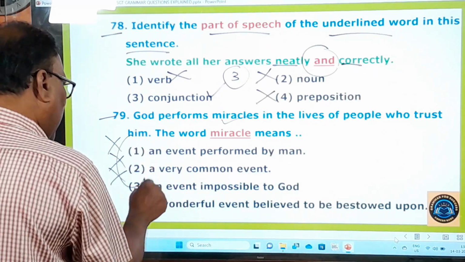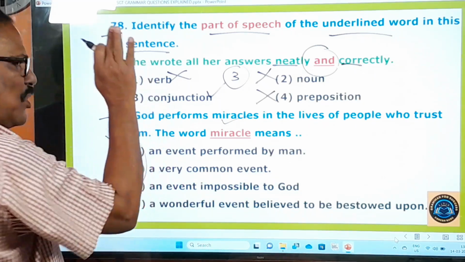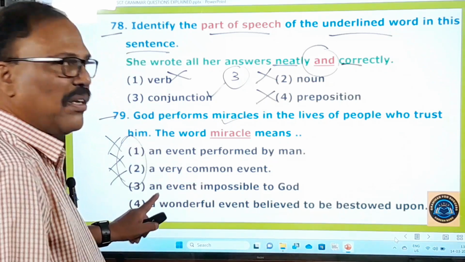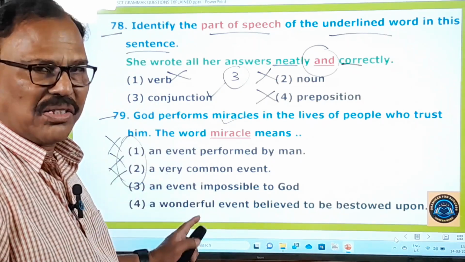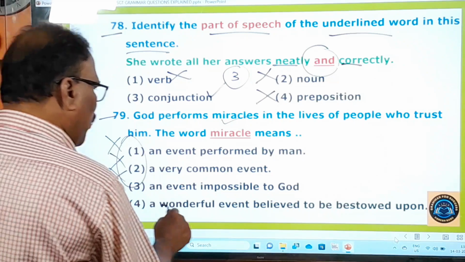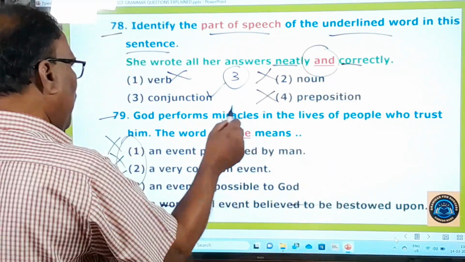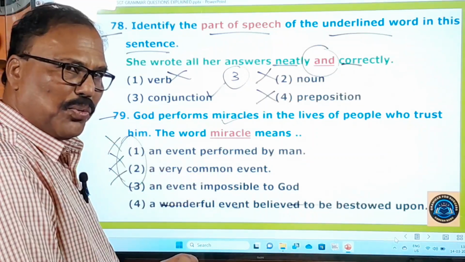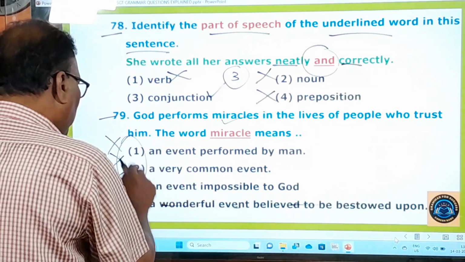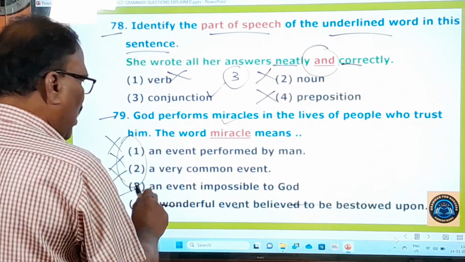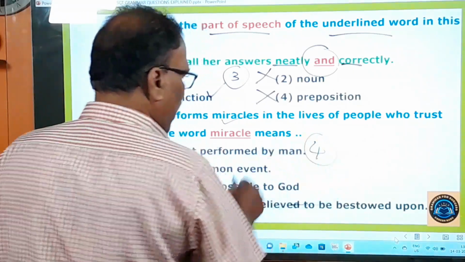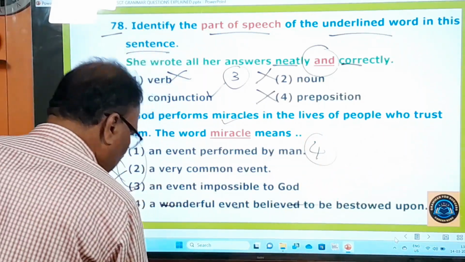When all these three options are wrong, automatically the fourth one must be the right answer. That is called a miracle, adbhutamu. Right. So the first three options are wrong, and only the fourth one is the right one. And now let's move on to other questions.